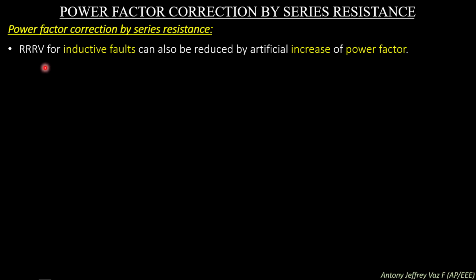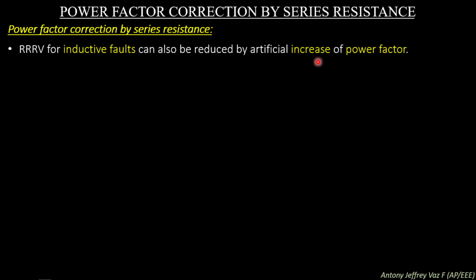Rate of rise of restriking voltage for inductive faults can also be reduced by artificial increase of power factor. We know that the rate of rise of restriking voltage for inductive faults is decreased with the help of inserting series or parallel resistance across the circuit breaker contacts.